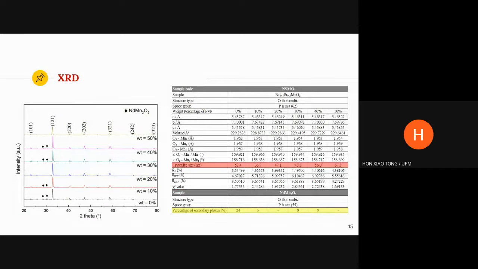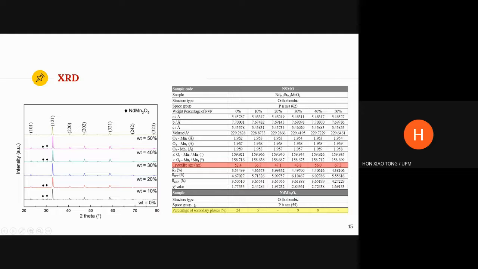And next, after indexing the XRD pattern, all NSMO samples show orthorhombic structure with Pnma space group. However, the pure NSMO phase can only be found when 20 and 50% of PP is used, while the presence of Nd0.7Sr0.3MnO3 as a secondary phase is detected for other concentrations.